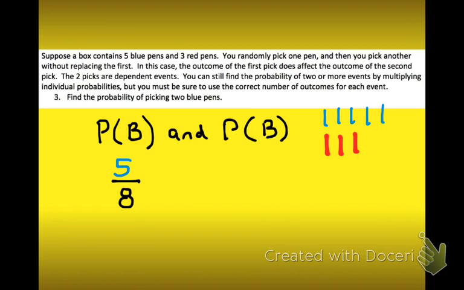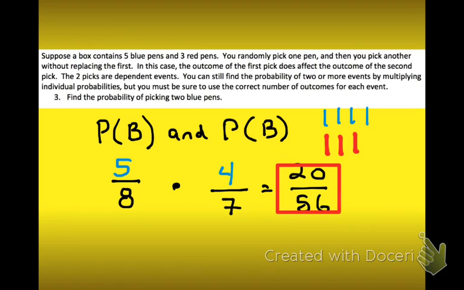So we go ahead, we pull one of those pens out, we pick our blue one, and now we only have 4 blue pens remaining out of a total of 7. So when we multiply these together now, we're going to end up with 5 times 4 is 20 out of 8 times 7 is 56, which is our final answer.